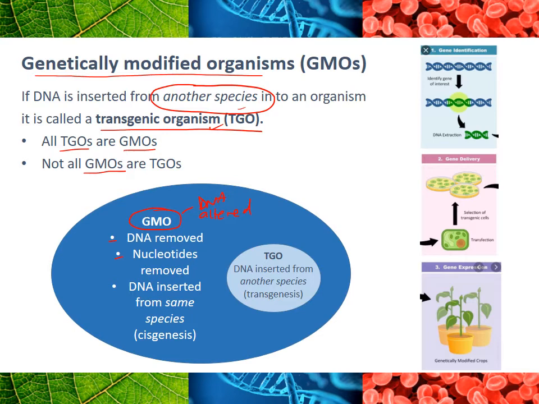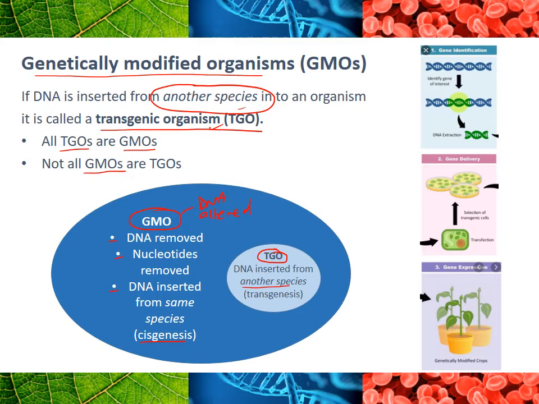It could have DNA inserted from a member of the same species, and we call that cisgenesis. Cis meaning kind of the same, or as it were created. TGOs are a subsection of GMOs where the DNA is inserted from another species, and we call that transgenesis.